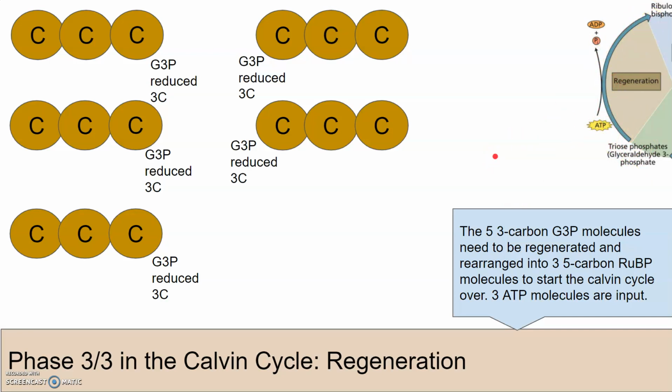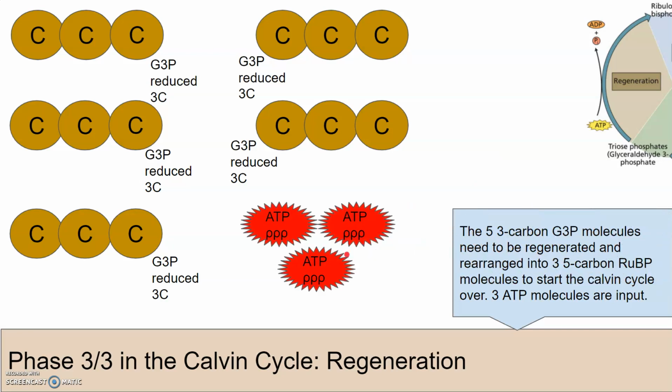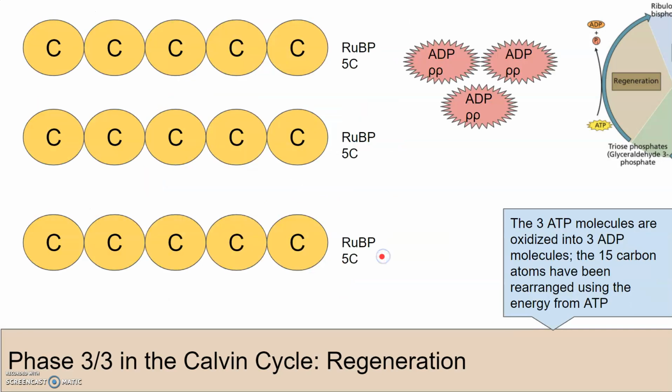So how are we going to go about rearranging again? We have to input 3 ATP molecules for this process, which again are obtained from the light reactions, so they're an input, they're not recycled. We have to get them from somewhere else. The 3 ATP molecules were converted into 3 ADP molecules. As you can see, they lost their phosphate, and you can also see this in the diagram.